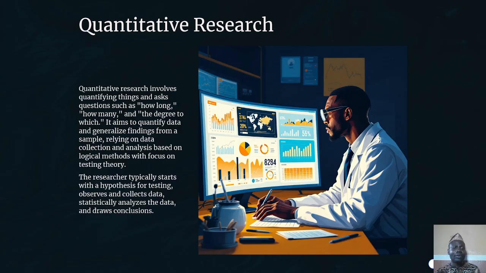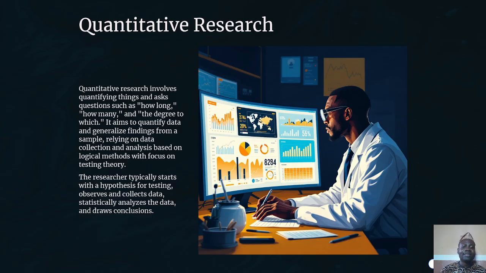So if your research question is around all of these, it has more to do with quantitative research, and it always relies on quantifying data and generalizing findings from a sample.